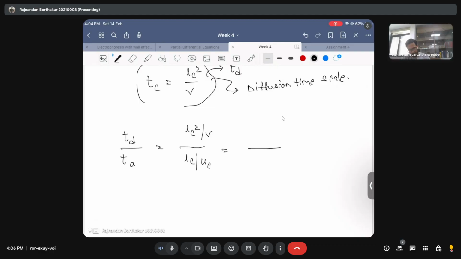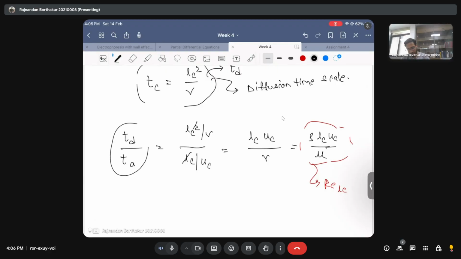So an lc cancels, and this is lc uc by nu. I will write this nu as mu by rho, so this becomes rho times lc uc by mu. If you look closely, this is nothing but your Reynolds number corresponding to the characteristic length. So always remember that the ratio of the diffusion time scale to the advection time scale is given by the Reynolds number.